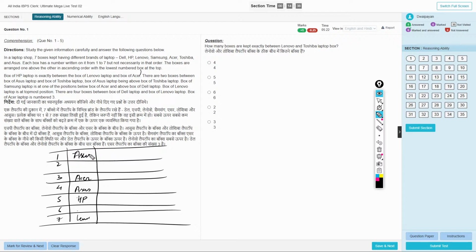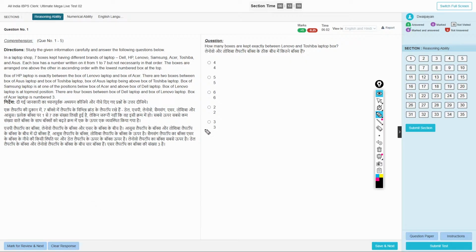So this is Asus and this is Toshiba. Then they said four boxes between Dell and Lenovo. 1, 2, 3, 4. So Dell and position of Acer. Lenovo is at the bottom, right? Okay, I'm just skipping it.